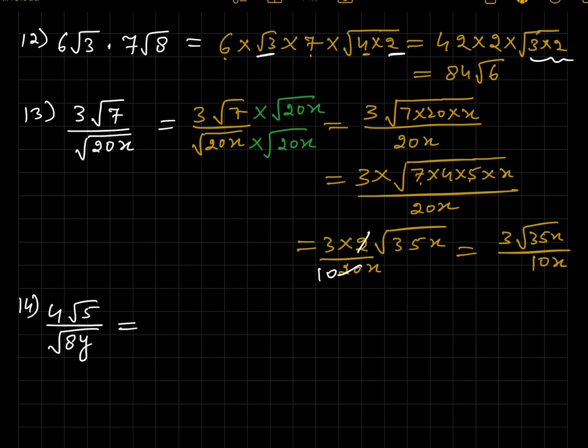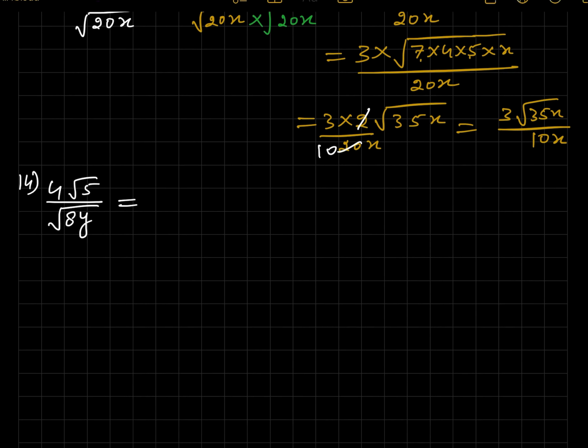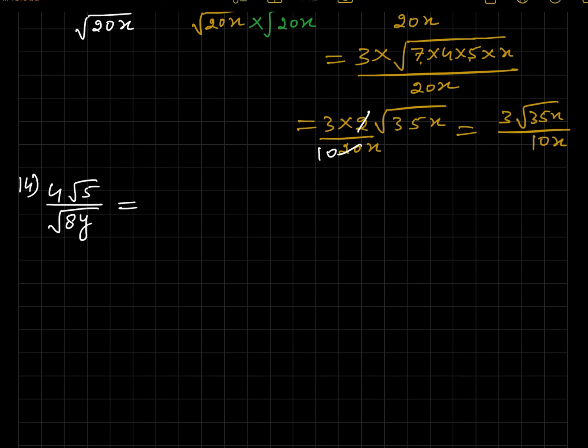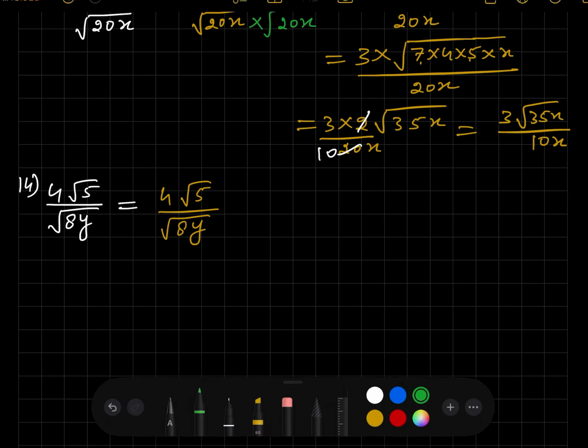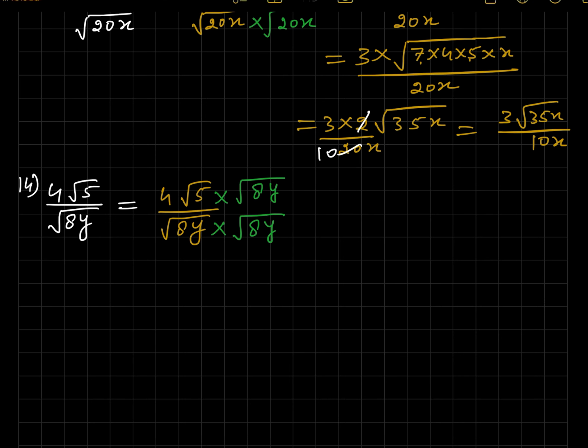Okay, last but not the least, next question is 4 square root of 5 over square root of 8y. So again, yes, we will be rationalizing. So multiply up and down by 8y, and so now I will be writing this as 4 square root of 5 square root of 8y.